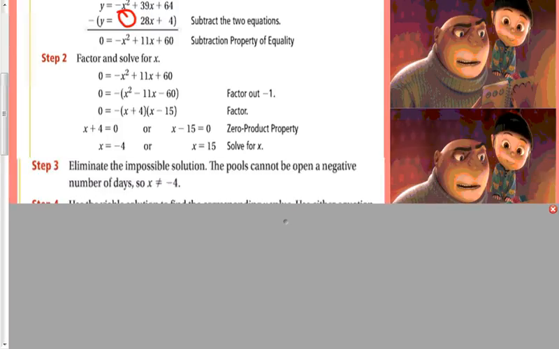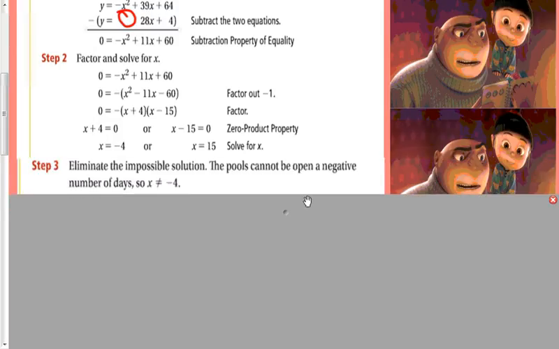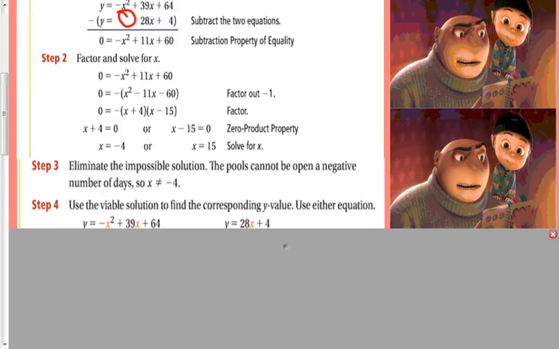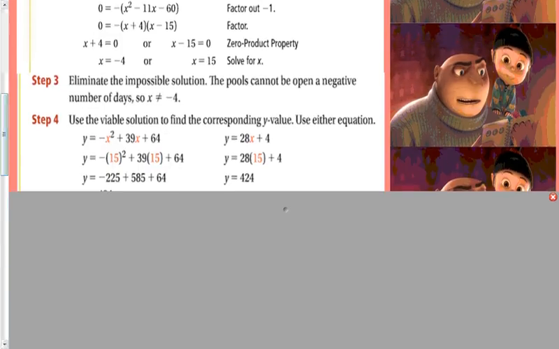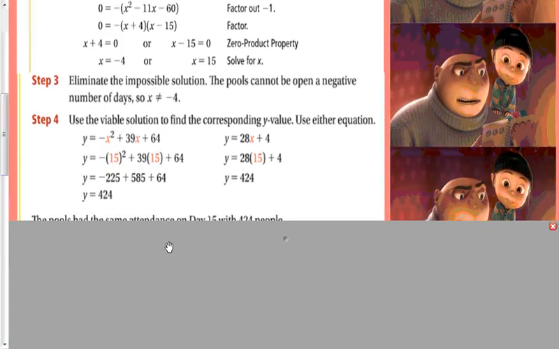And for this specific problem, you can't have a negative because pools cannot open a negative number of days. So the solution for this one would have to be 15. So after 15 days, they had the same attendance. And you can plug back in the 15 for the x to get y, which would be attendance of 424 people. Okay?